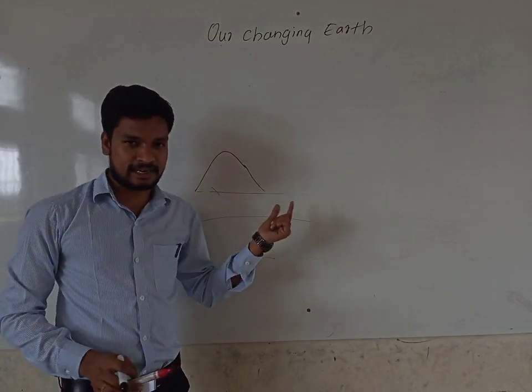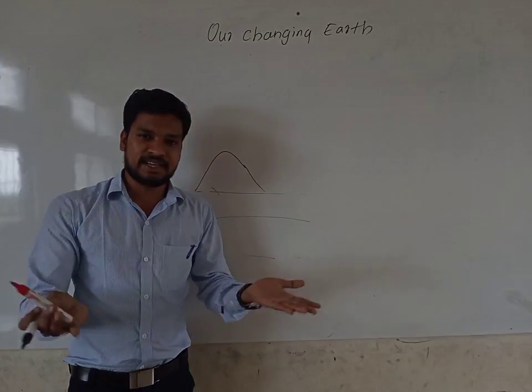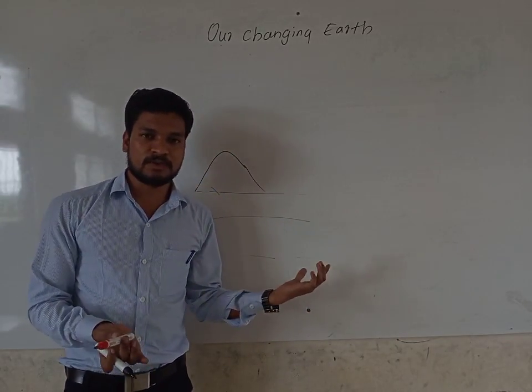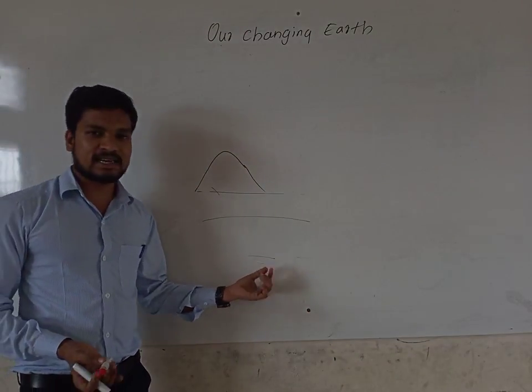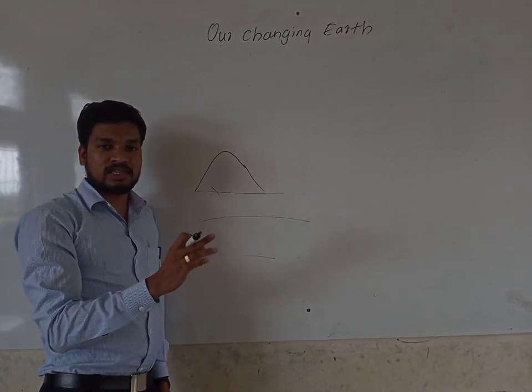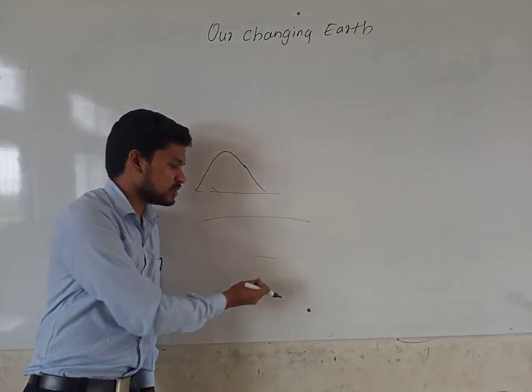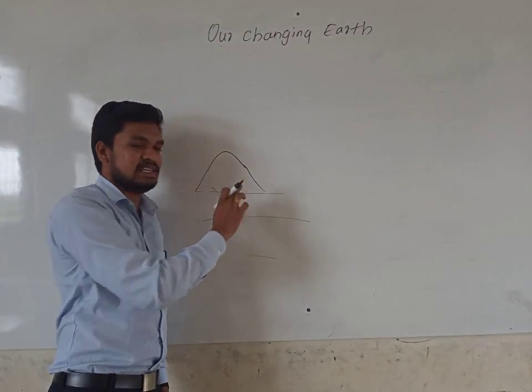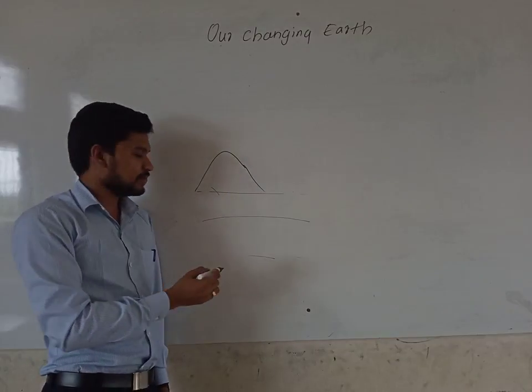We can see landslides there, not in the plain areas. In plain areas we cannot see any changes because of endogenic force. The endogenic force causes changes such as landslide, volcano and earthquake. These are the three changes we get because of this endogenic force. Landslides can be seen only in areas like mountains and high areas.